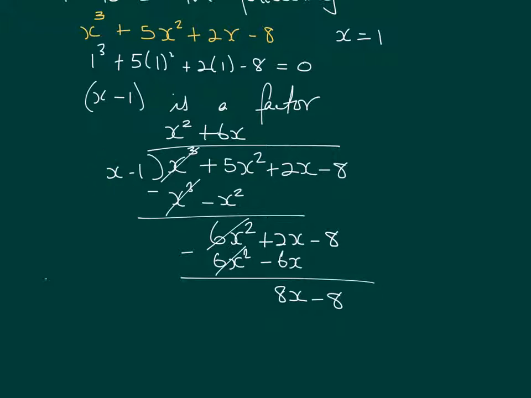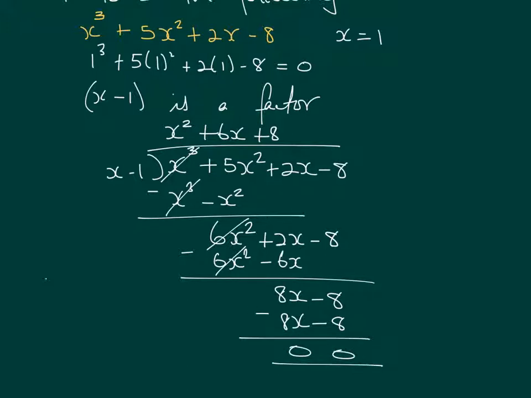How many times does x go into 8x? Well, it goes 8 times. Then multiply out: 8 times x gives you 8x. Take away 8 times minus 1, which is minus 8. When you subtract the 2, you get 0.